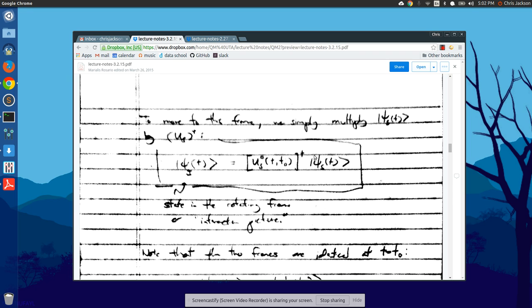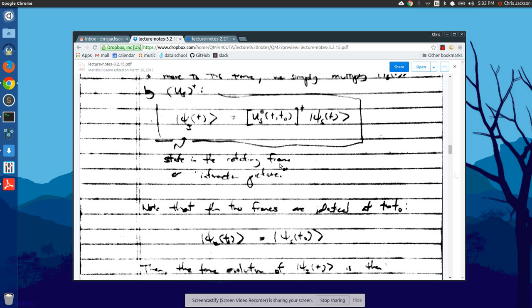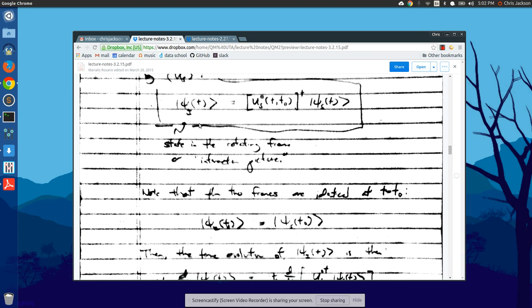The way that we kill off that piece is by hitting this with the Hermitian conjugate of the time evolution operator, the unperturbed piece, right? So that should kill off that dependence. And so what we'll have by definition is some state ket whose only time dependence is coming from the perturbation piece, right?